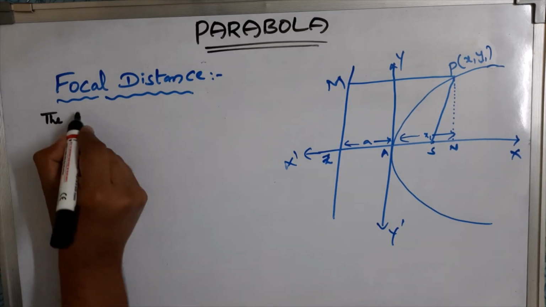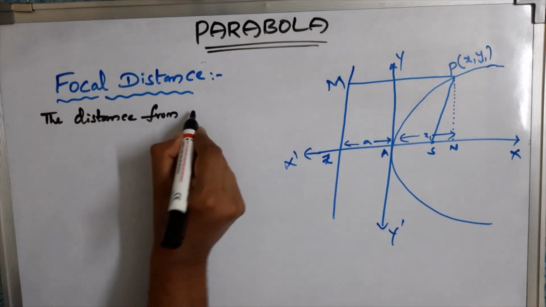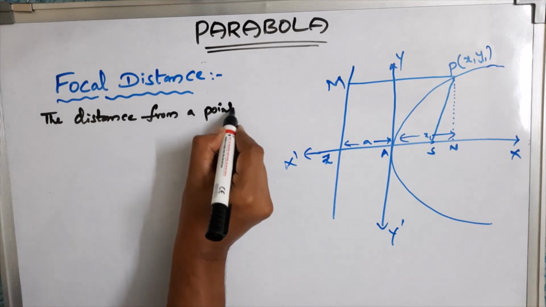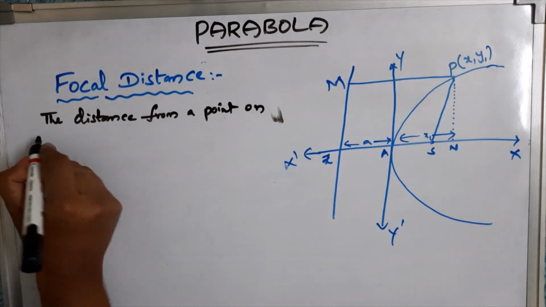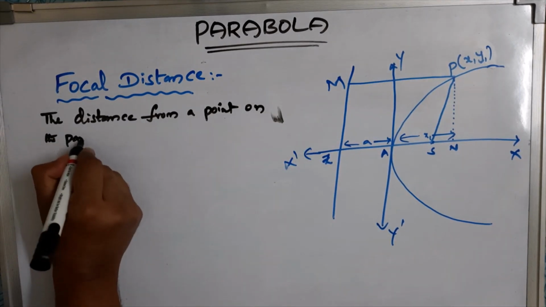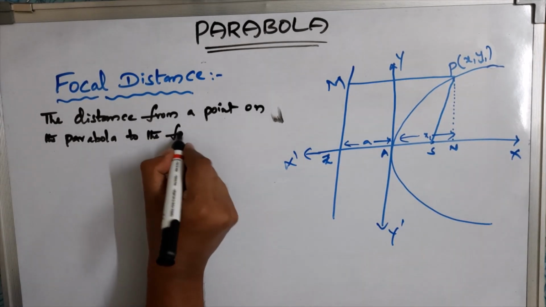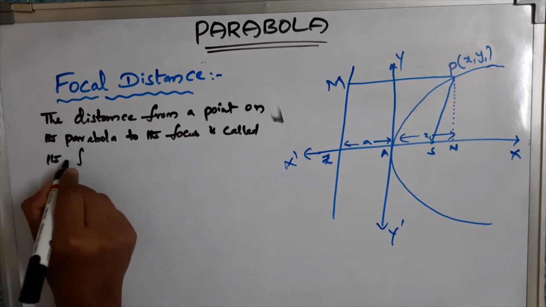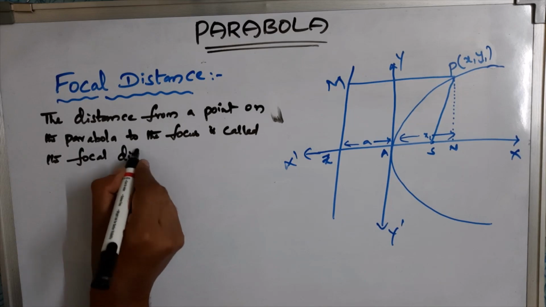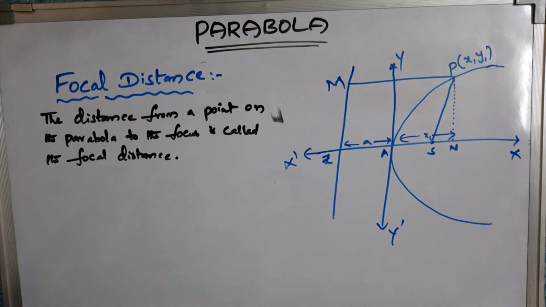The distance from a point on the parabola to the focus is called the focal distance.